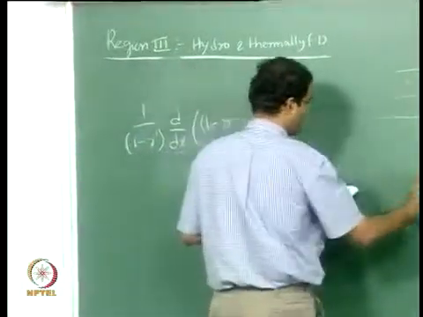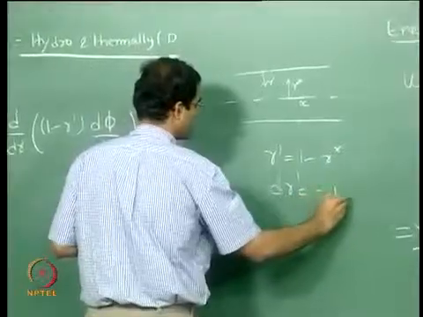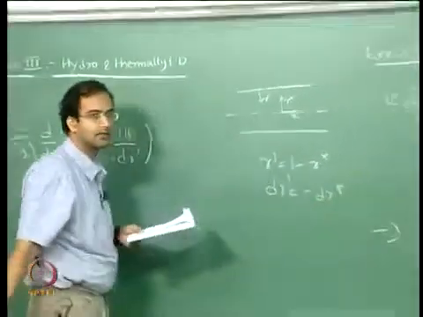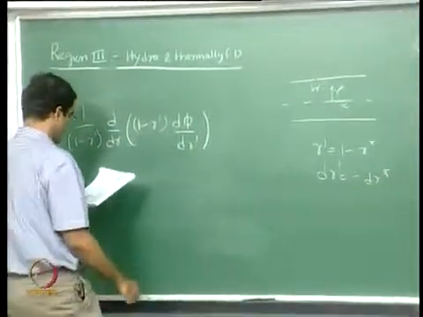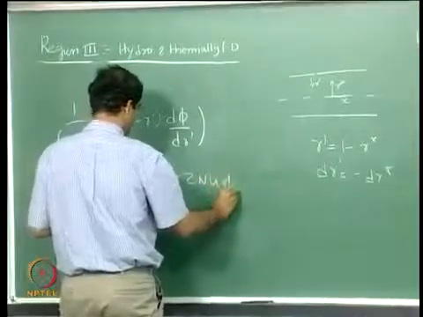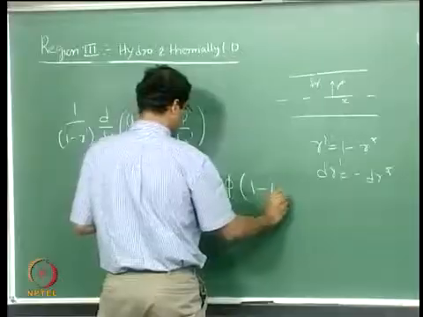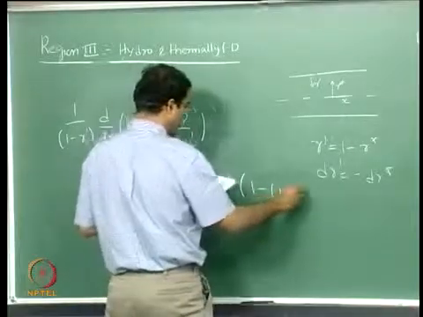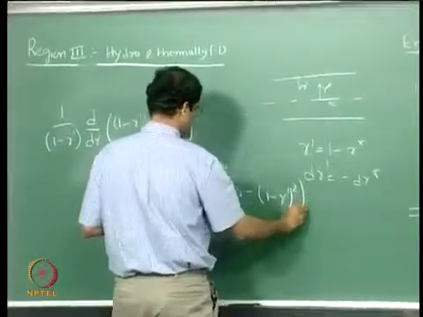Of course your dr prime will be minus dr star, right. So that should be equal to minus twice Nusselt number into phi into 1 minus r prime the whole square.